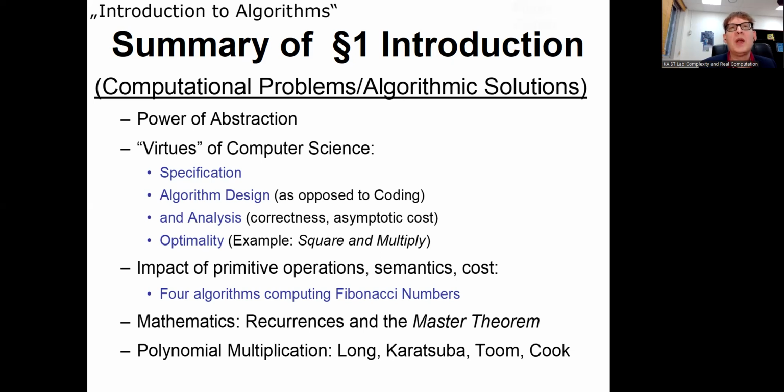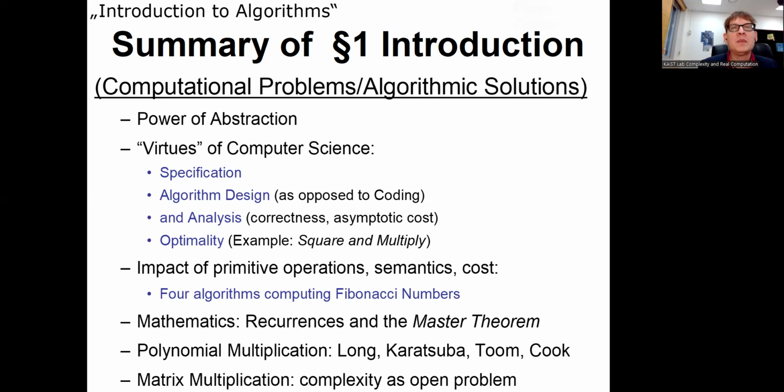So here again, we're going to look at several algorithms, a sequence of algorithms of improved asymptotic efficiency, first long multiplication, then Karatsuba multiplication, Toom multiplication, and an entire family of algorithms from the PhD thesis of Stephen Cook, the P versus NP problem Turing Award winner.